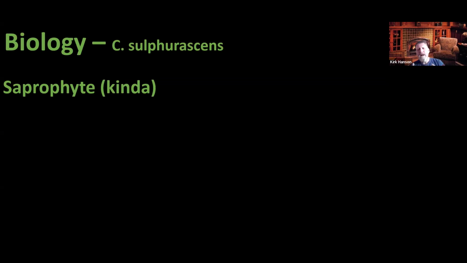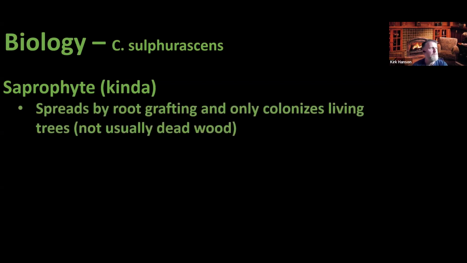The laminated root rot can actually live on and infect live trees, so it's not entirely dependent on dead trees for its host medium, and it primarily spreads by root grafting.